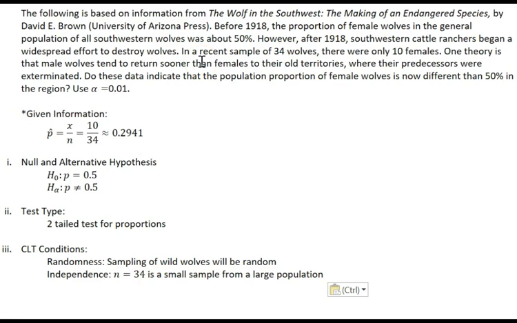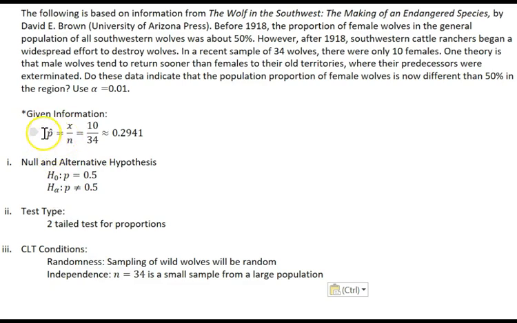The next thing that I need is normality. When we're using proportions, we basically need to make sure that we have more than 5 expected successes and more than 5 expected failures. That's the only thing we need to ensure that we have a normal distribution. So we're looking at n times my assumed p-value.